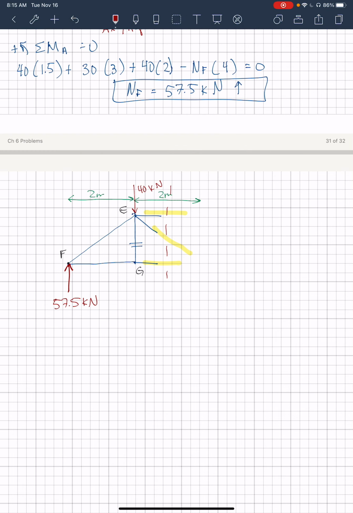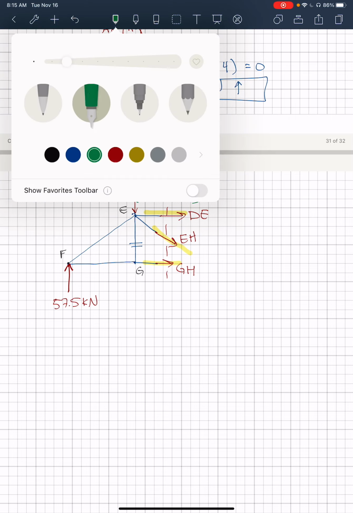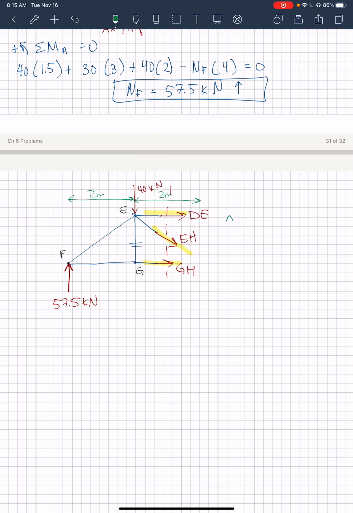So we have DE, we have EH, and then we have GH. We also know that this whole thing is 1.5 meters tall.